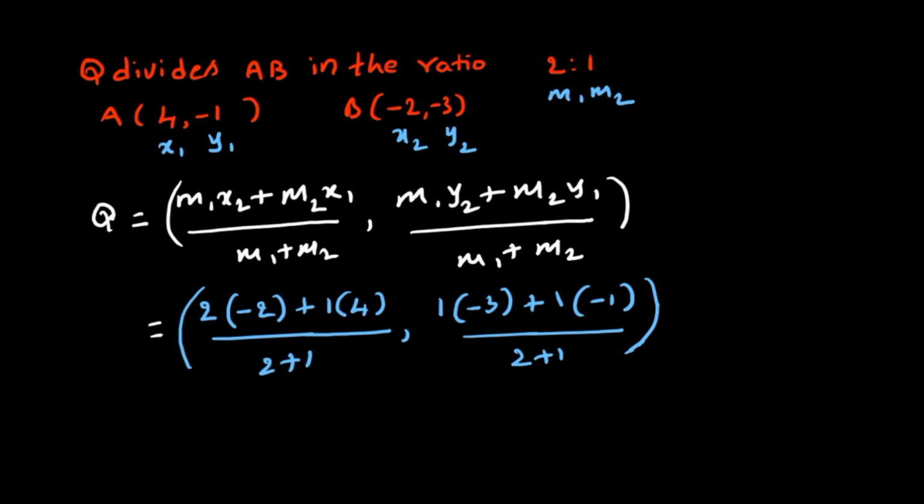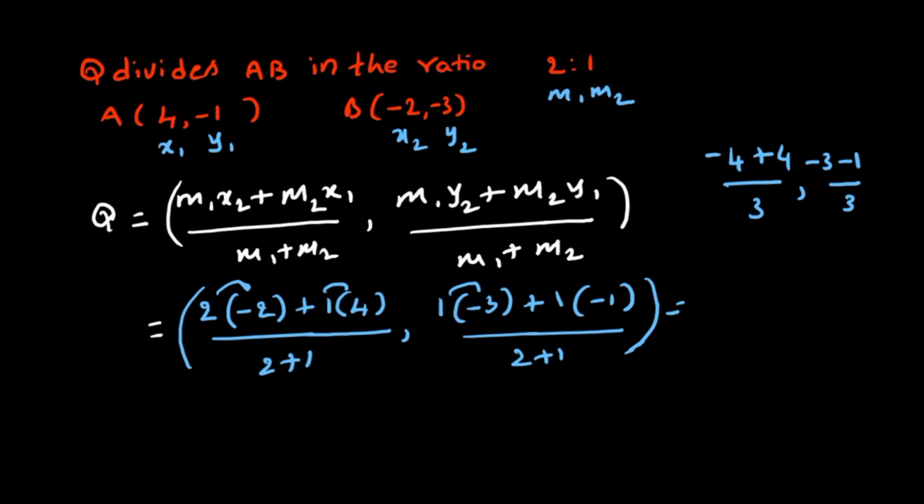So here we write 2 into -2, which is -4, plus 1 into 4 is 4, by 2 plus 1 which is 3. And 1 into -3 is -3, 1 into -1 is -1, by 3.